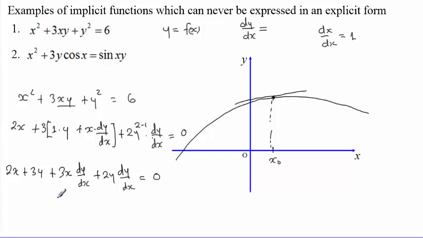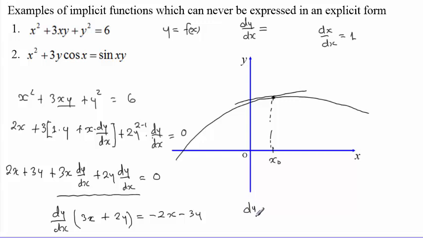Then you can see that the common factor here is dy/dx. Then you can take it out as a common factor, dy/dx, and then we've got (3x plus 2y) equals minus 2x minus 3y. As you can see here, I subtracted 2x plus 3y on both sides. Then you get that.